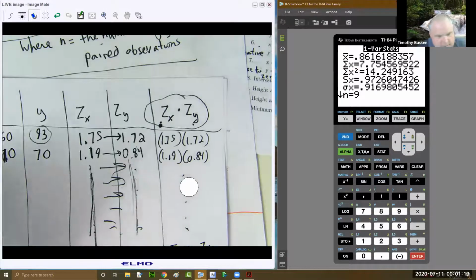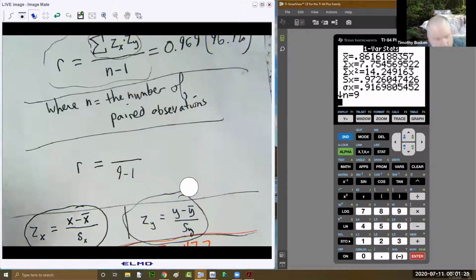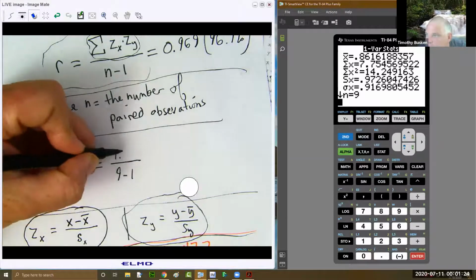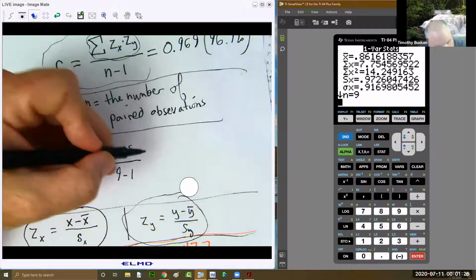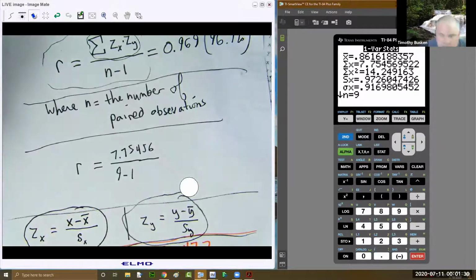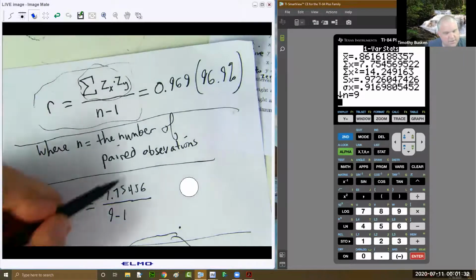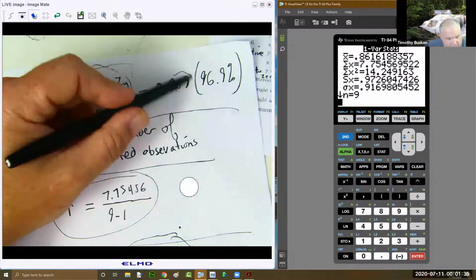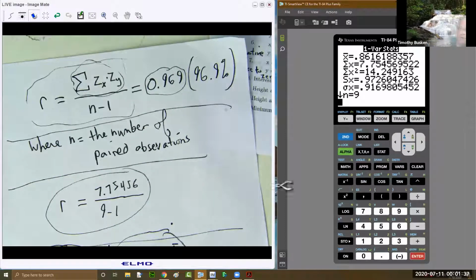So that tells me that this numerator is about 7.75456, and some change. And we'll see if this hand calculation now of R is close to this value. So hopefully it will be.